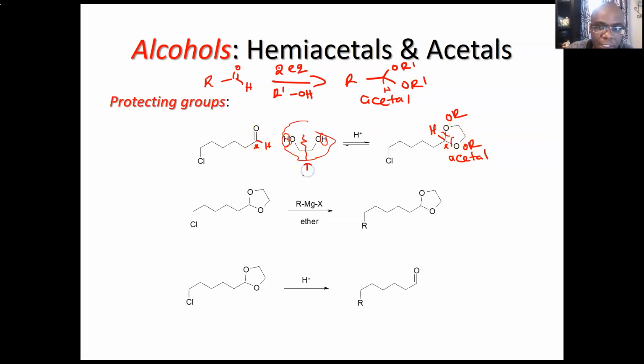This molecule, the diol, does not react with the chloride. Before I do much of this, I'm not going to discuss the mechanism, I'm just giving you the shortcut on how to protect carbonyl containing groups.